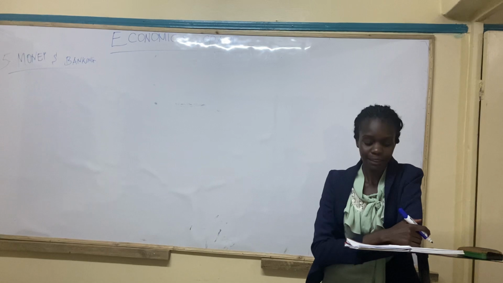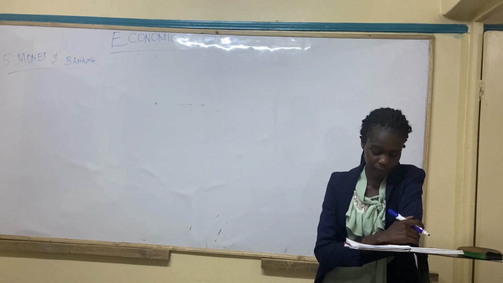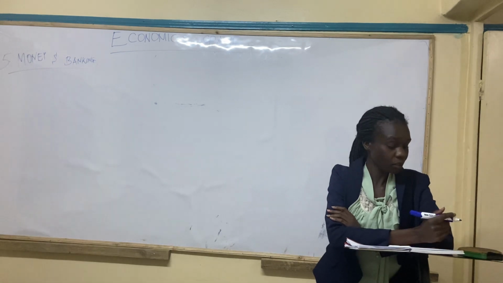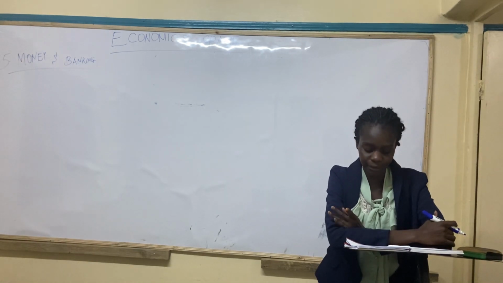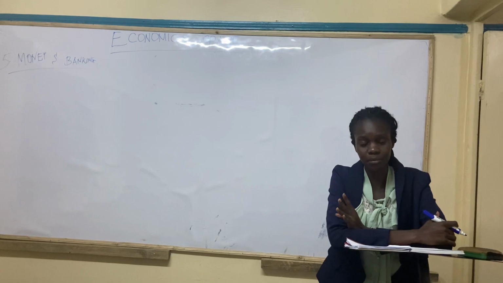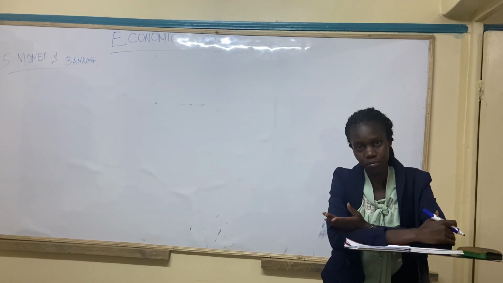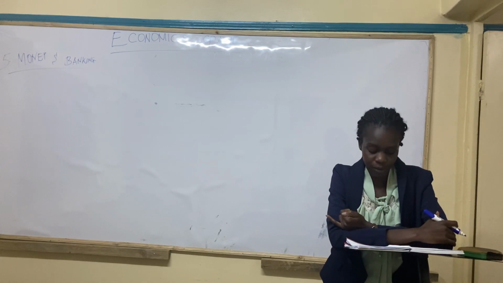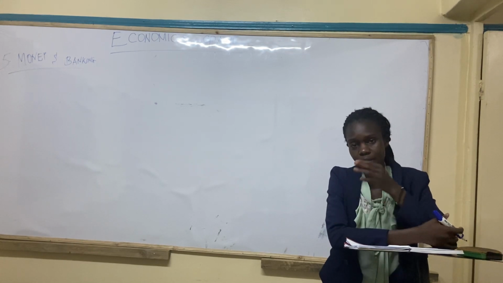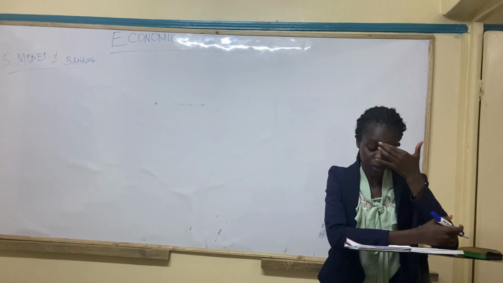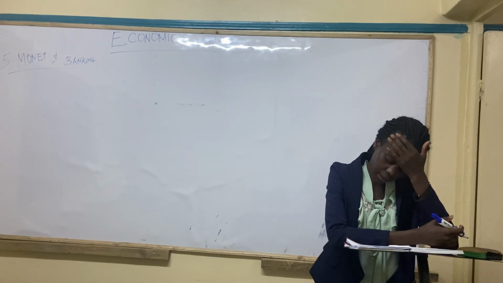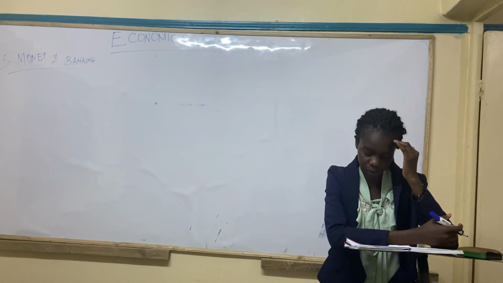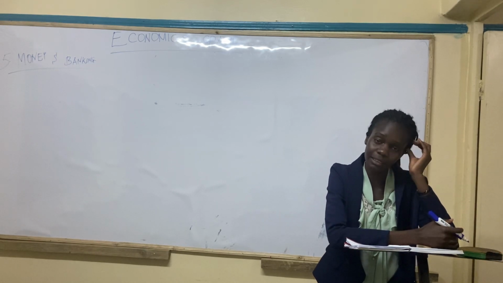We go to characteristics of money. So money should be acceptable in a country. That is acceptability. Money should be portable. It should not be heavy. It should be movable from one place to another. Another characteristic of money is scarcity.